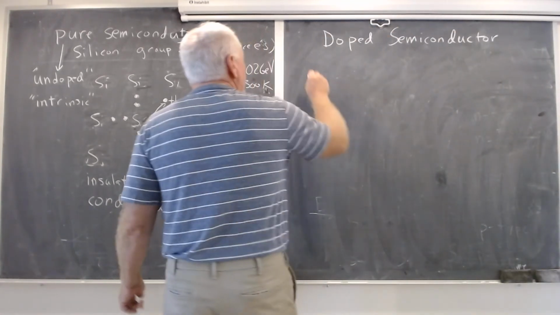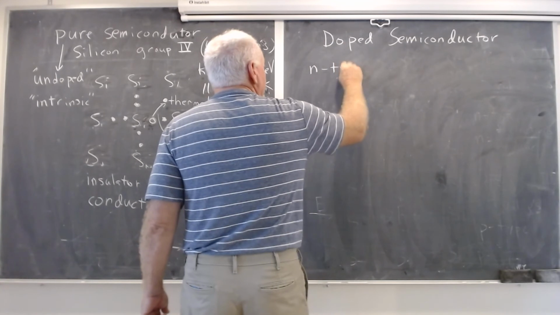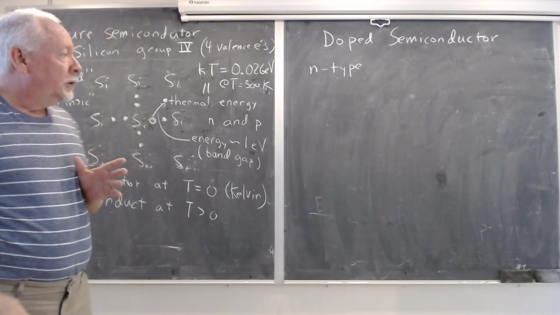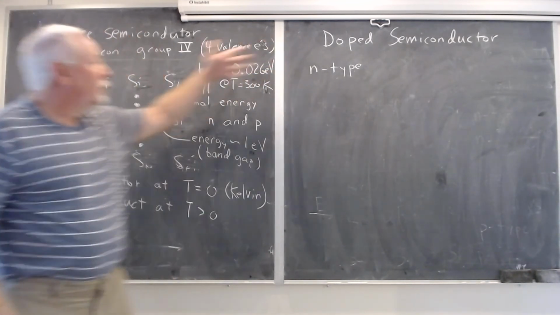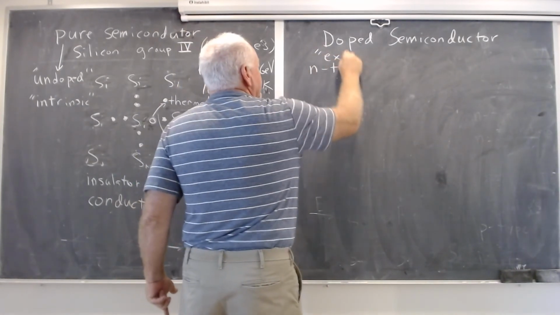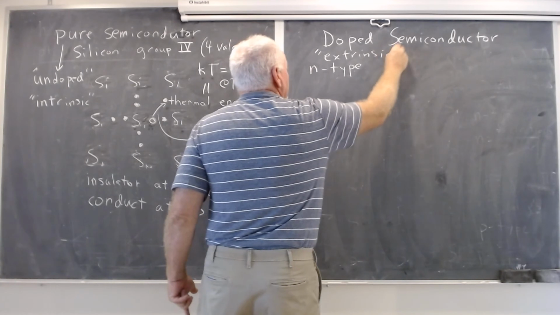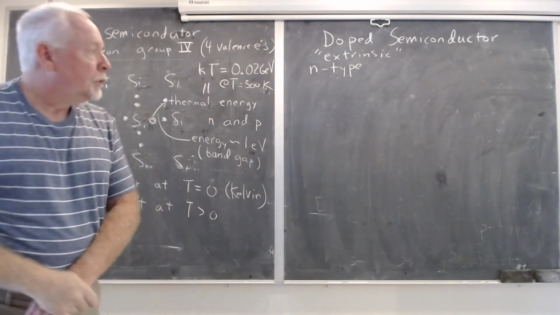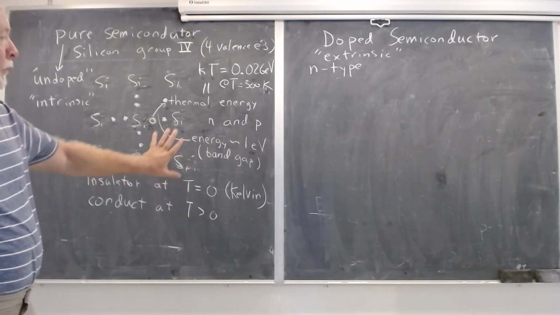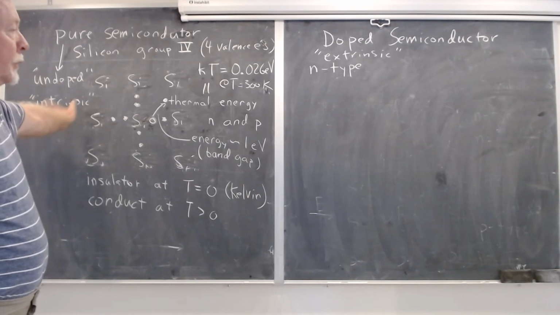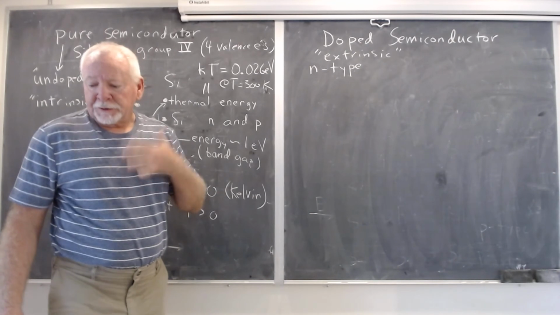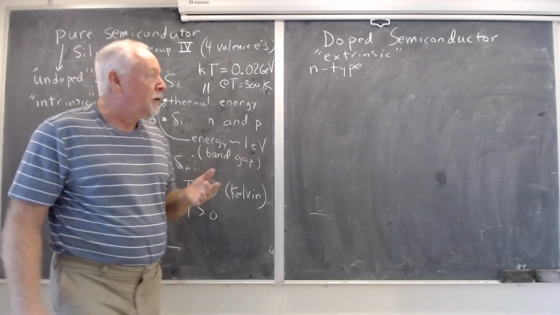Now, for n-type, the way I want you to understand this is that no matter whether it's undoped, or intrinsic, or doped either way, which by the way, another word for is extrinsic, the way I want you to think about this is that there's both electrons and holes, there's both n and p.